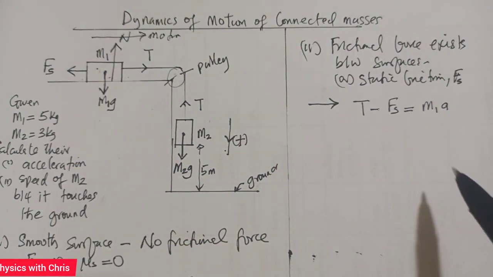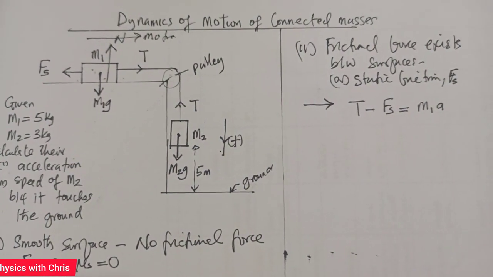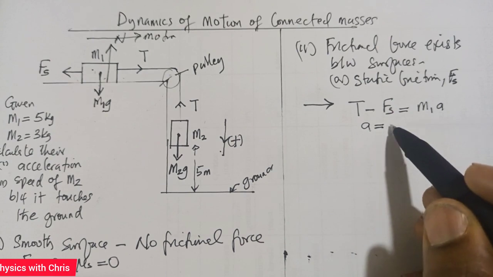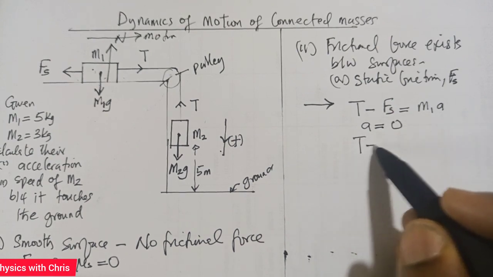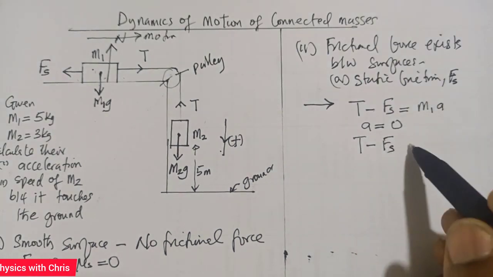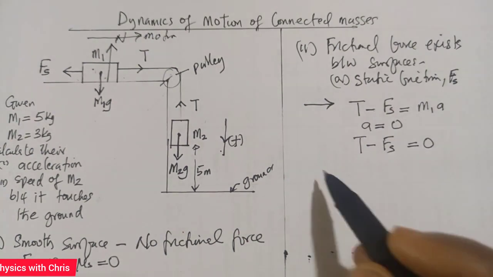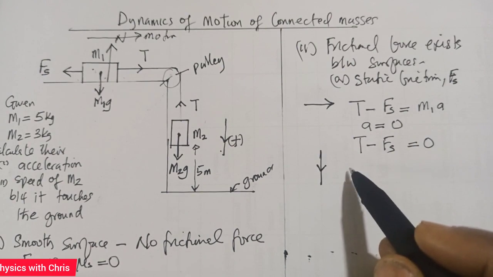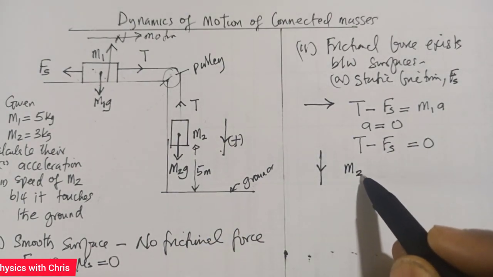Now, since this body is yet to move, just before it jerks forward, the acceleration of the two blocks is 0, meaning that T minus Fs, the static frictional force, is equal to 0. Resolving vertically, I want to take M2G as my positive direction, that is the direction of M2G.